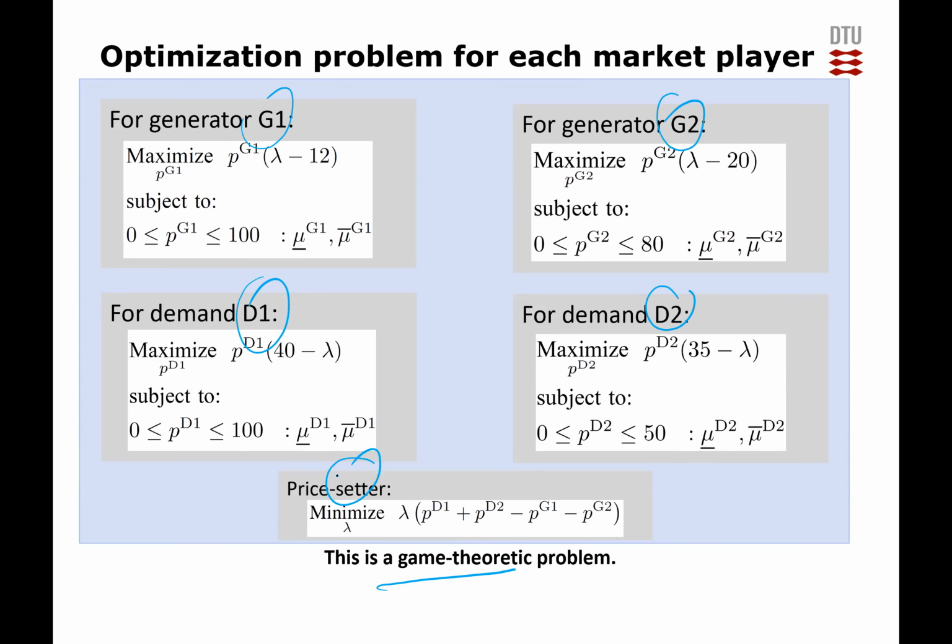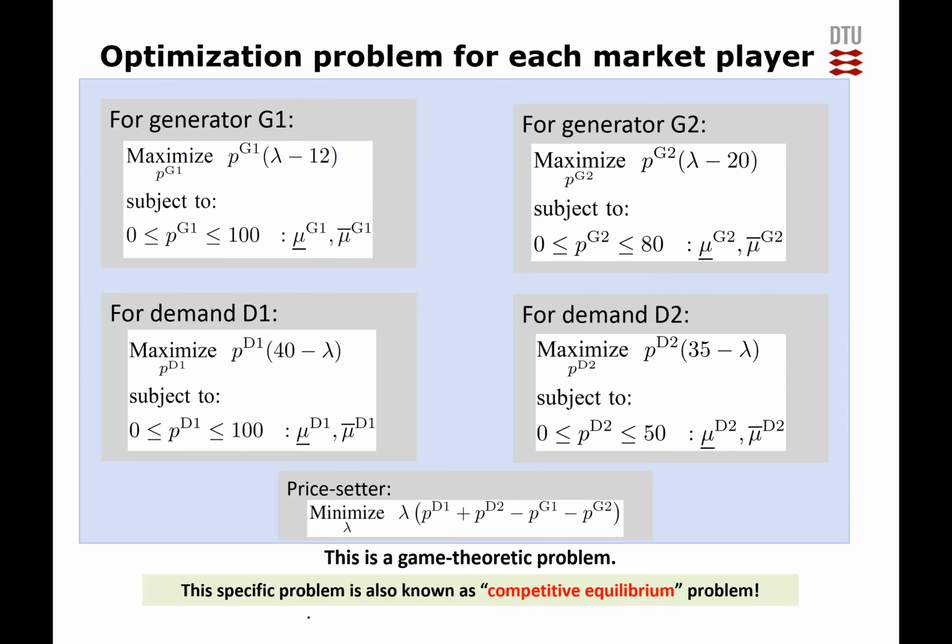Each of them has their own objective. They interact. Each of them solves their own problem. And at the end of the day, it's a game problem. We have to solve this game problem, this equilibrium problem, to achieve the solution. Is it clear? Good.